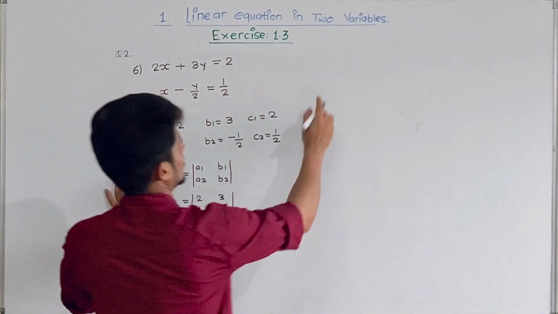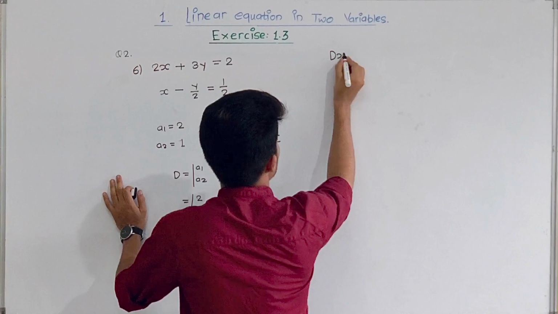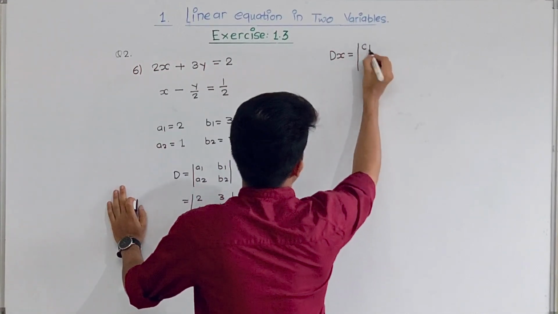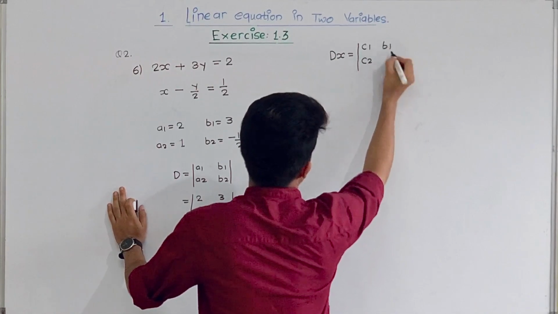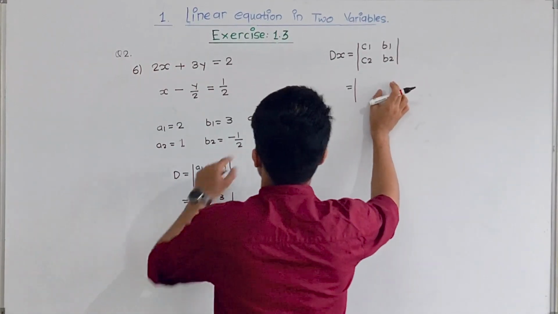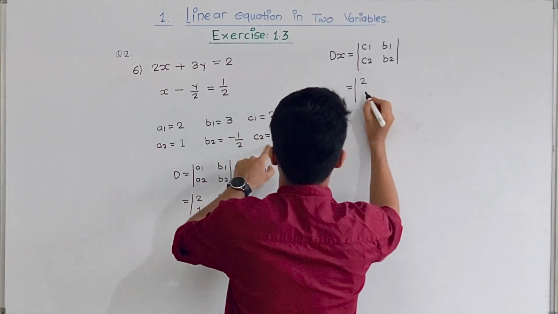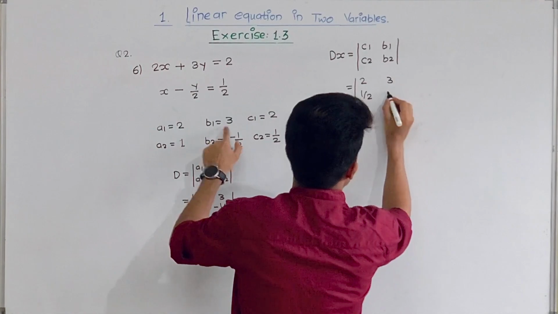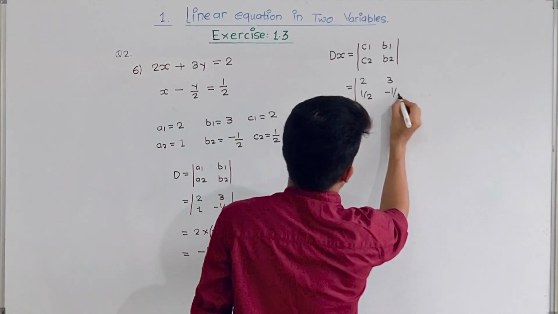Now we'll find the value of dx. So the numbers are c1, c2, b1, b2. Substitute the values. c1 is 2, c2 is half, b1 is 3, b2 is minus half.